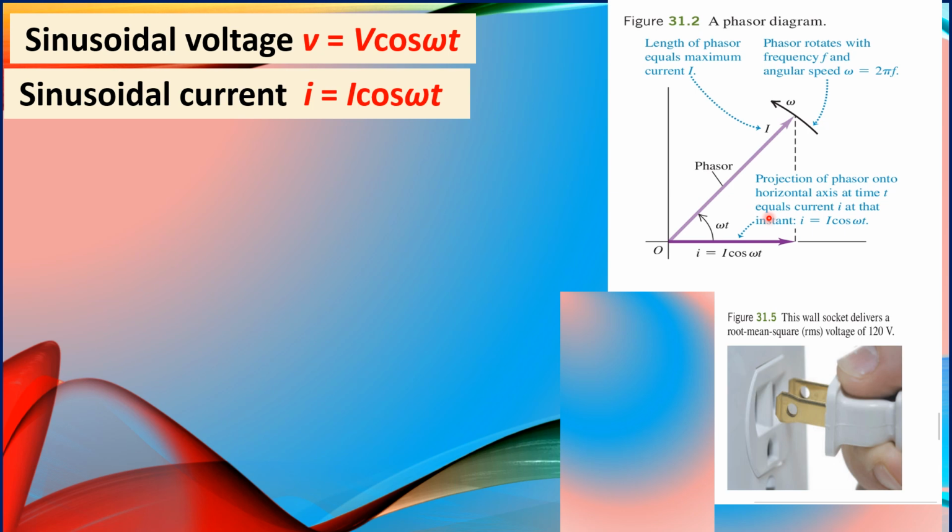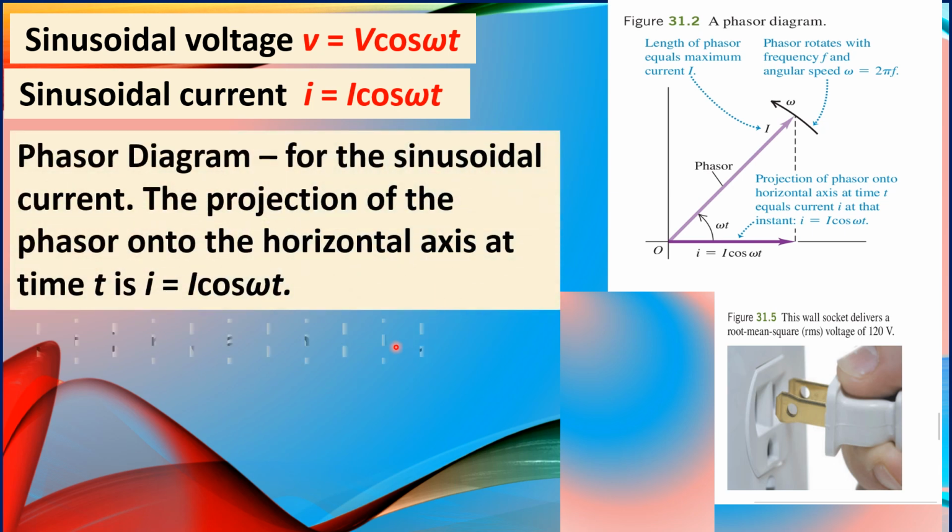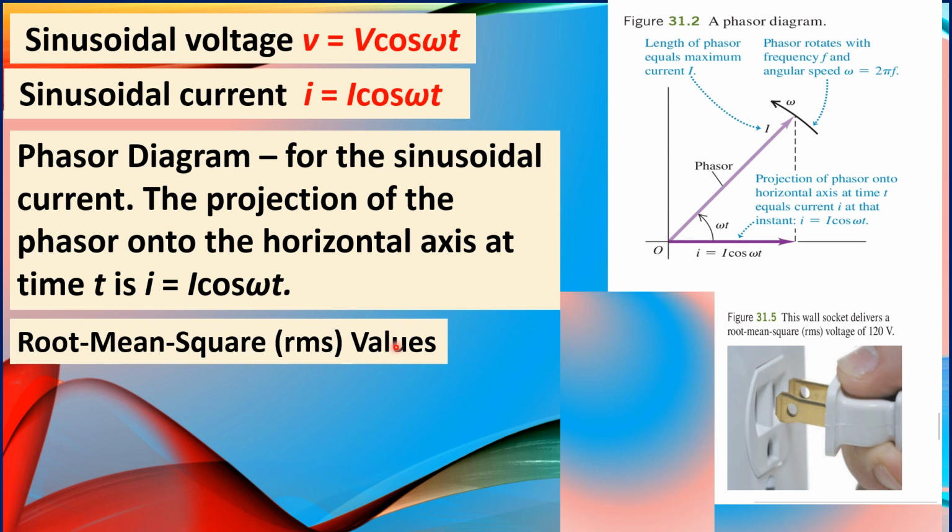So we'll be discussing more about the concept of phasor in one of the problems that we're going to discuss later. So, what are the quantities in these formulas? We have them defined earlier.